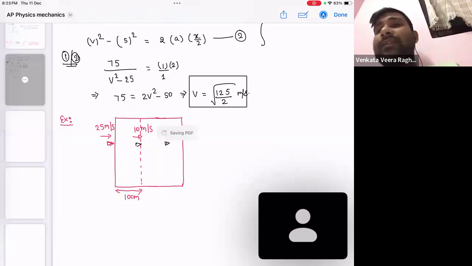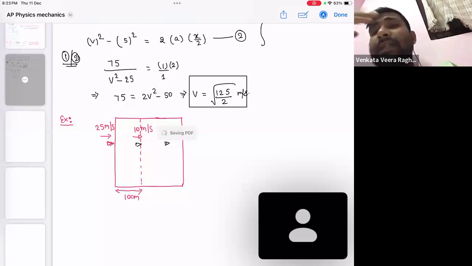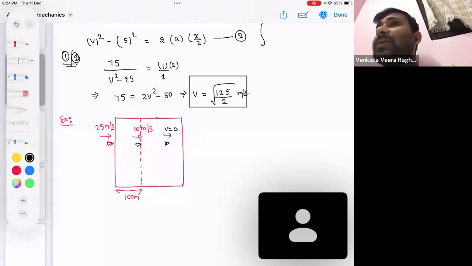The question is asking that thing. A bullet enters with 25 meter per second and its velocity got reduced to 10 meter per second when it traveled 10 centimeter. So how much further should it travel to finally come to rest?